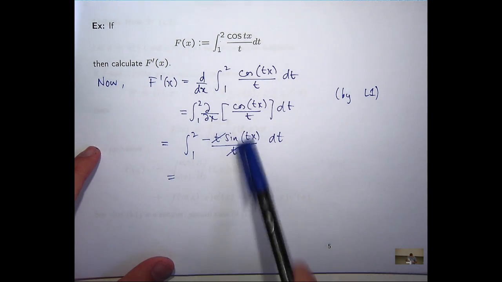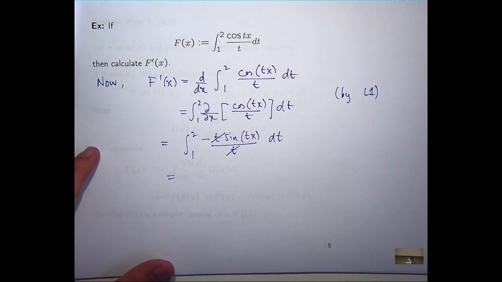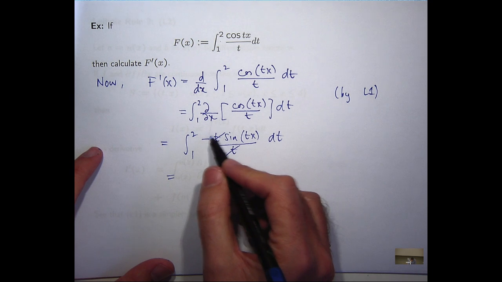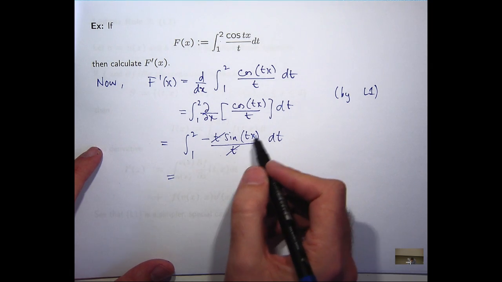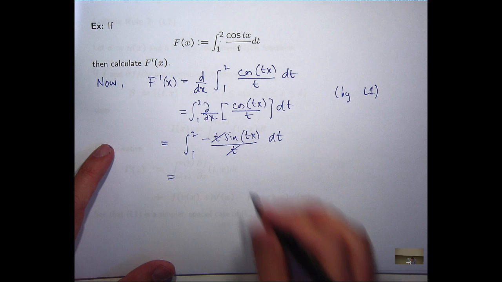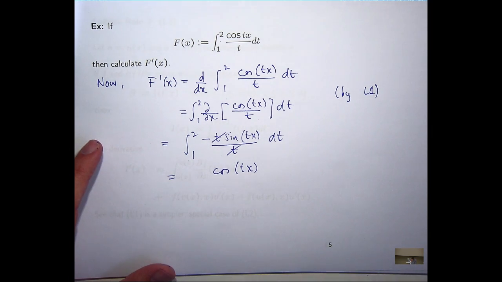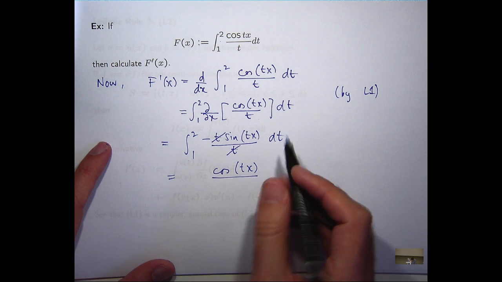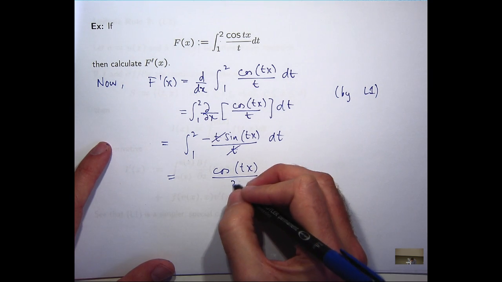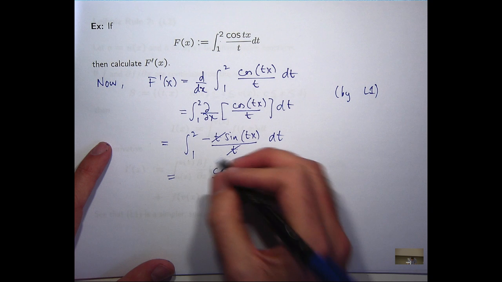I can integrate this now because these things have cancelled off, which is really nice. So let's integrate minus sine tx with respect to t, holding x constant. So I'm going to get a cosine tx, almost like what I started with. And I'm integrating with respect to t, so I'm going to divide by x.